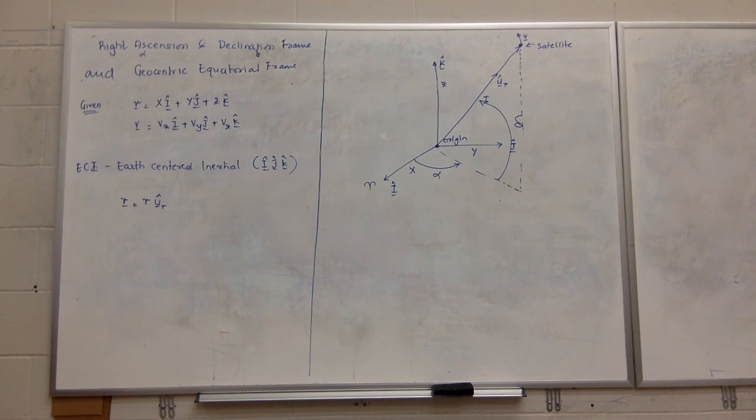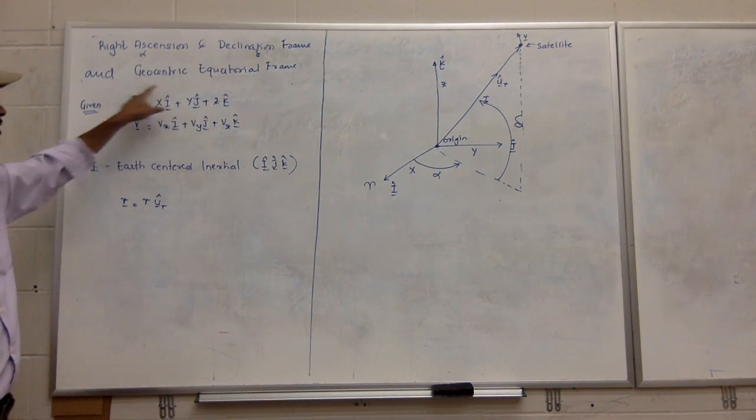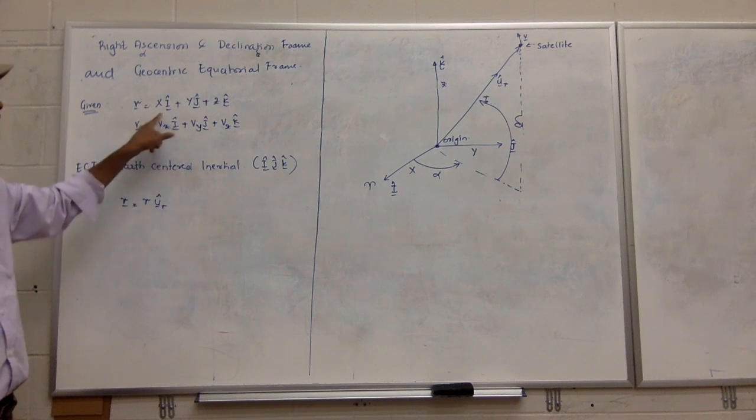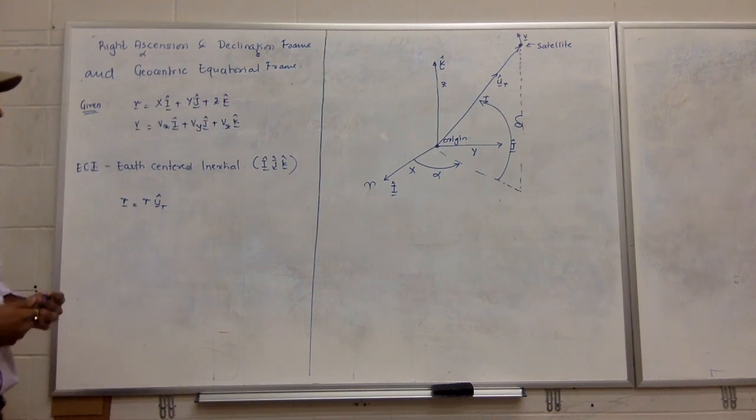Is this visible? Here you can see both the frames. The position of the satellite can be expressed in terms of right ascension and declination, or the geocentric frame, which is xijk.